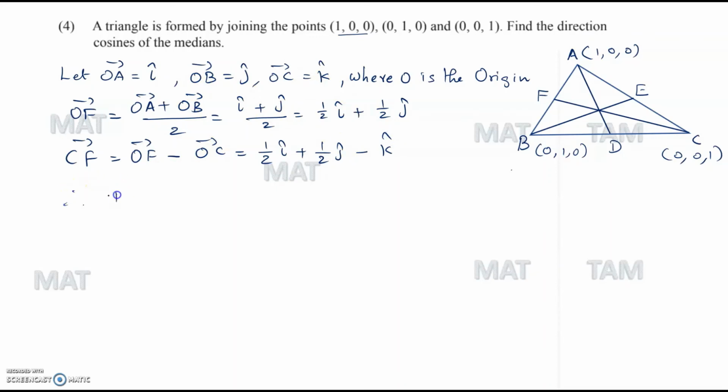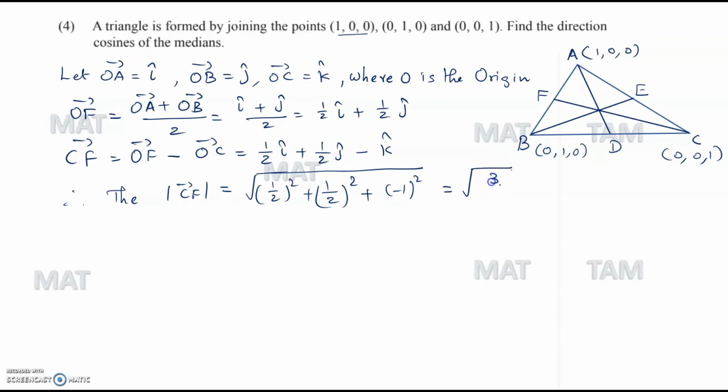Therefore, the magnitude of CF is equal to square root of 1 by 2 squared plus 1 by 2 squared plus minus 1 squared. This is the same as the previous, so this would be root of 3 by 2.